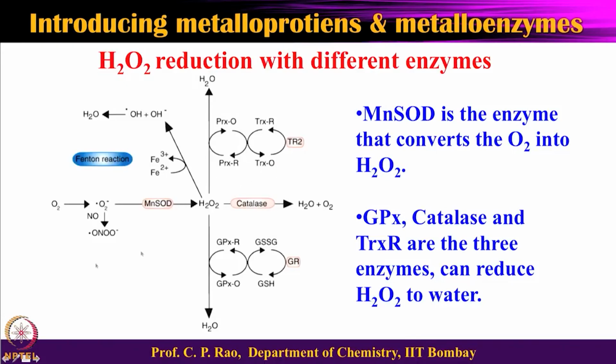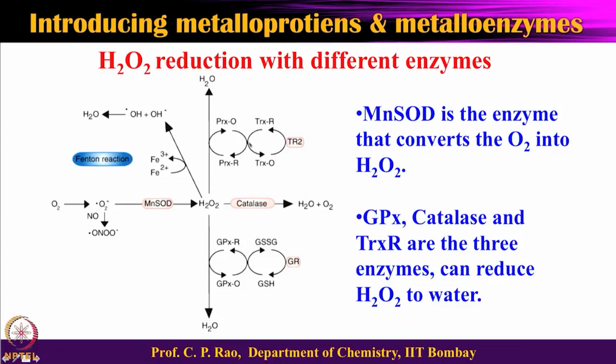So, SOD is for superoxide dismutation, and catalase is for H2O2 disproportionation. Glutathione peroxidase also converts H2O2 into water. Here, thioredoxin reductase is also involved in such a removal.